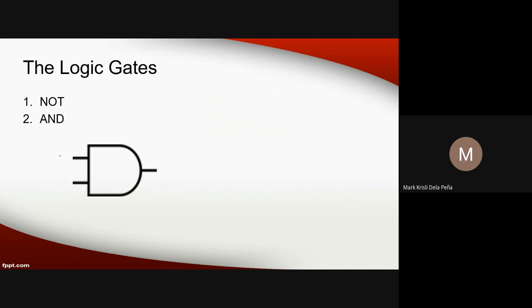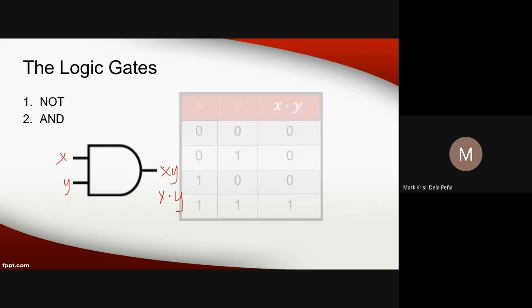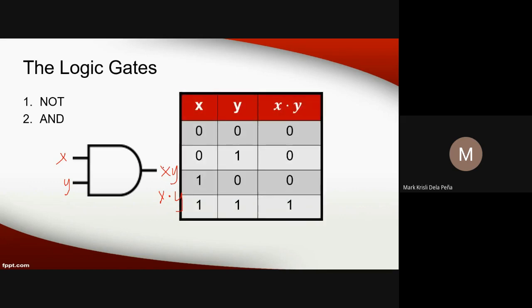If our input variables are x and y, this is xy, or x times y, x and y. The truth table for this is the same as our conjunction: 0, 0, 0, 1.